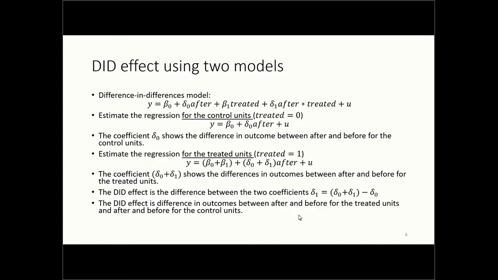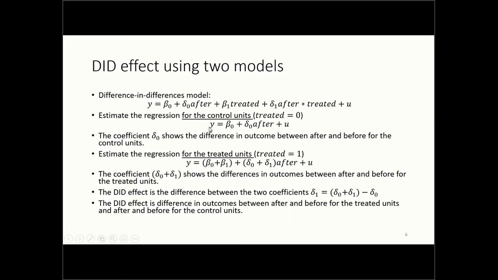So another way in which we can calculate exactly this model is to split it the other way. Instead of estimating before and after models, we would be estimating them for the controlled units and for the treated units. So for the controlled units, treated would be equal to 0. So if this one is equal to 0, this one would be equal to 0.